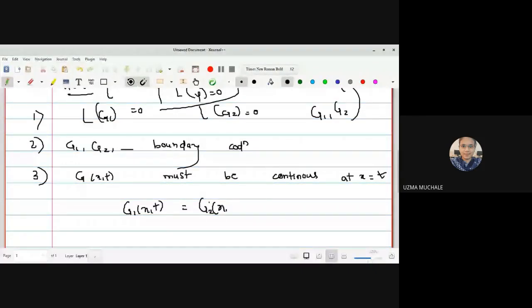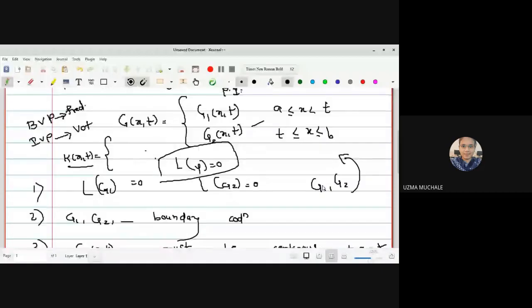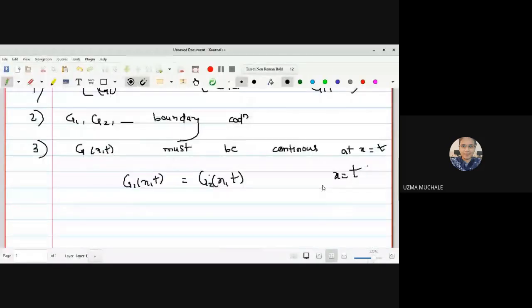That means g1 and g2 are equal for x equal to t. You can see here the interval is divided into two parts, a to t and t to b, and the consideration is that g1 and g2 should be equal. That means g of x,t is continuous at x equal to t.